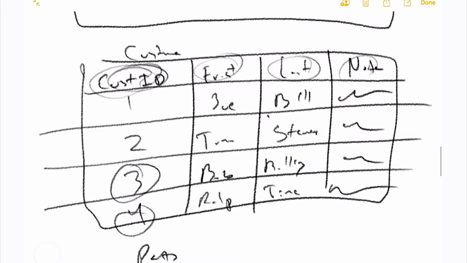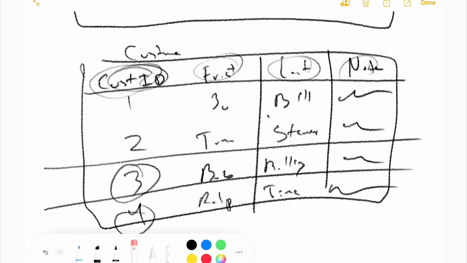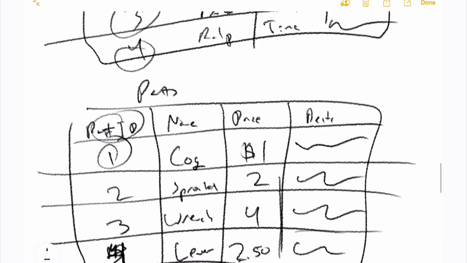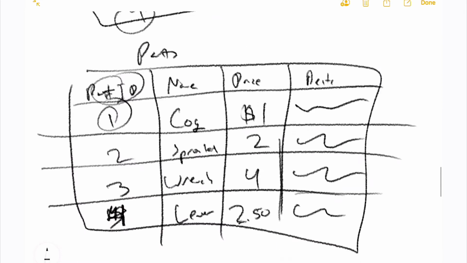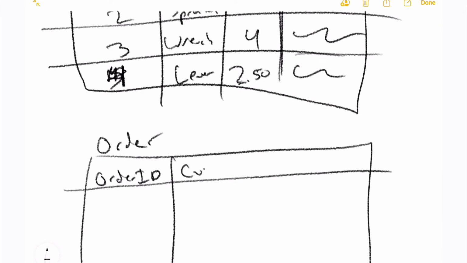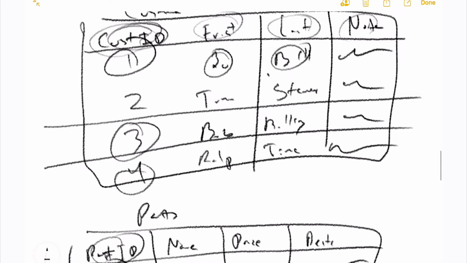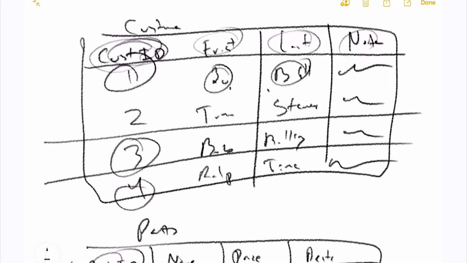So if Sue Bill ordered something, you can say customer ID 1, right? So here you have customer ID. When you have a record, you have order ID 1, customer ID 1. And customer ID 1 references Sue Bill and all of her information. So instead of having to put all of this information into the order table, you can simply reference that customer ID.